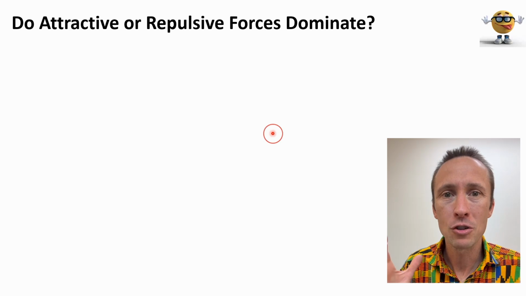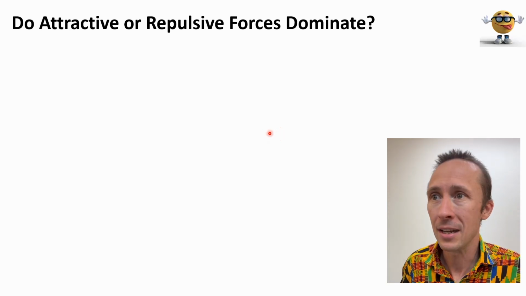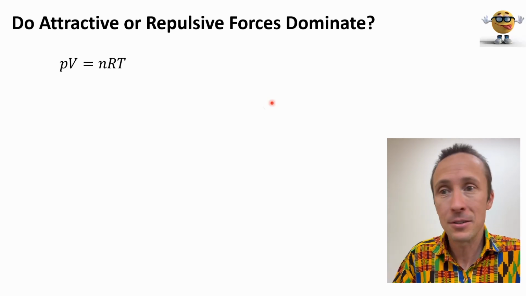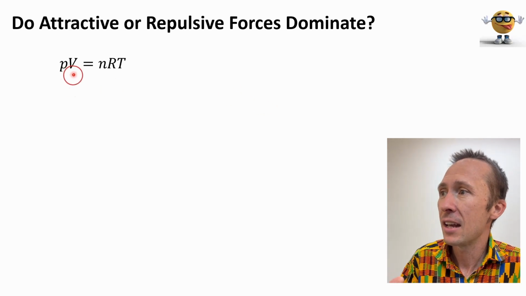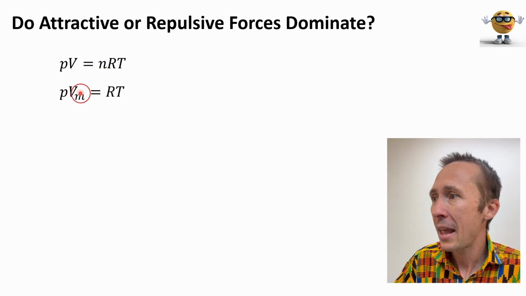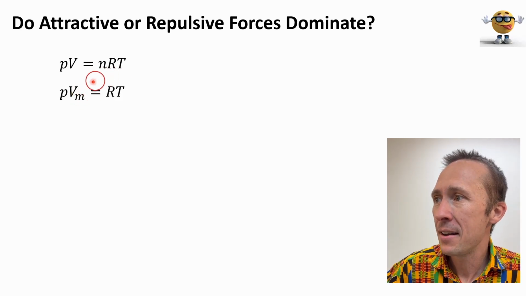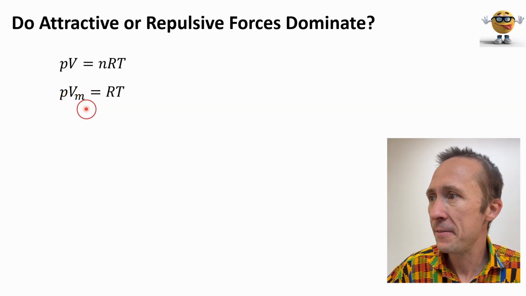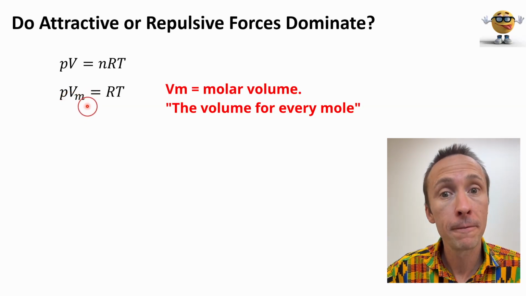How do we know if attractive or repulsive forces dominate? Well, it depends on the equation of state, and it depends on the gas. So for an ideal gas, PV equals nRT. And if we divide by n, we get P Vm equals RT, and Vm is the molar volume.